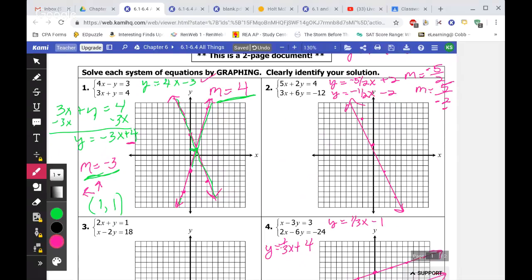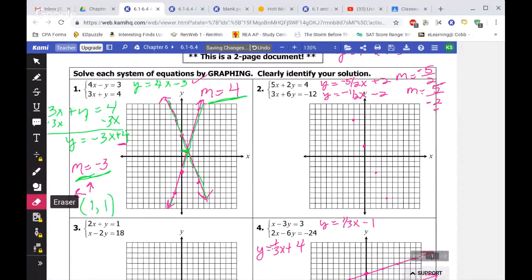I remember that with a negative slope, my line needs to fall from the left to the right.